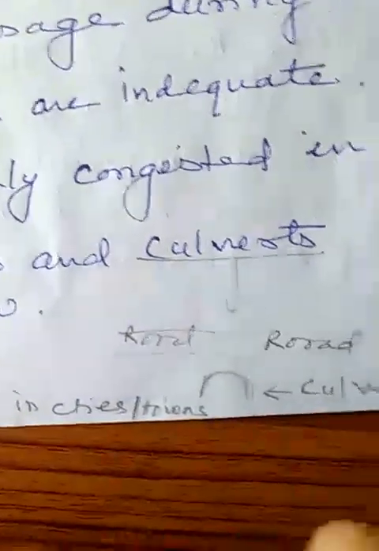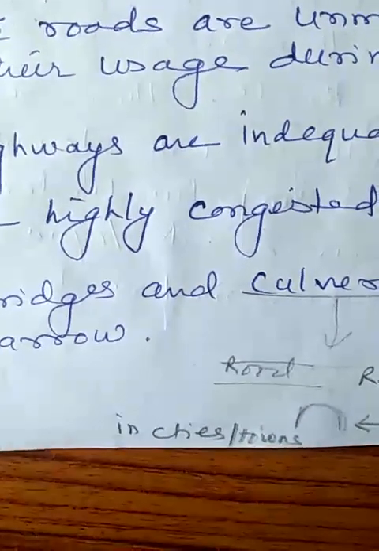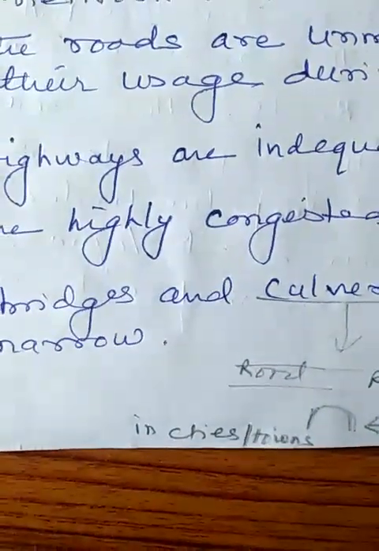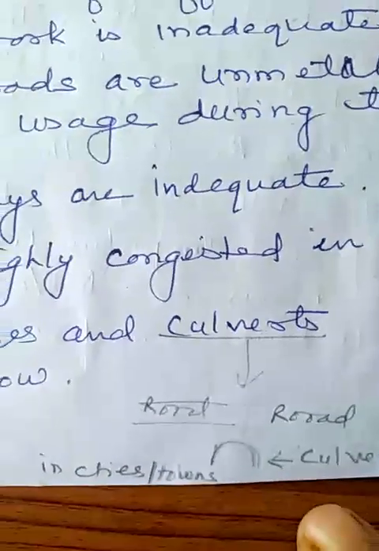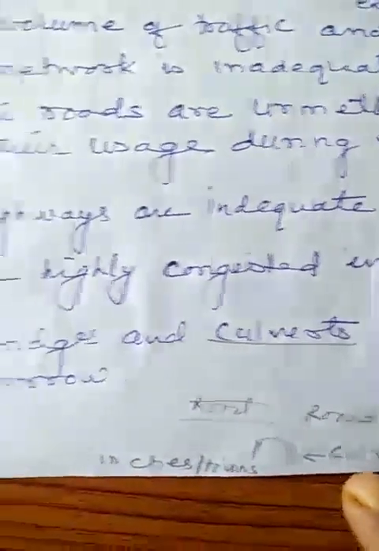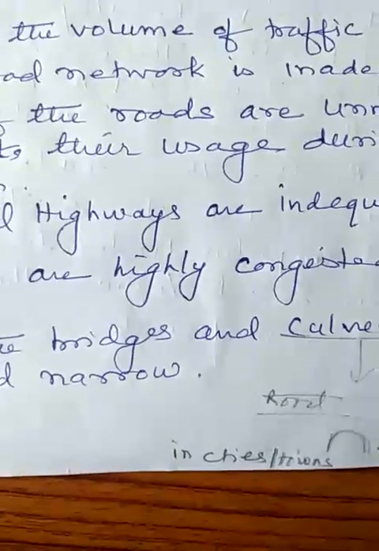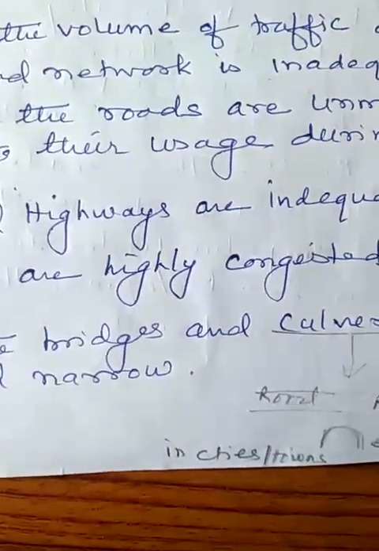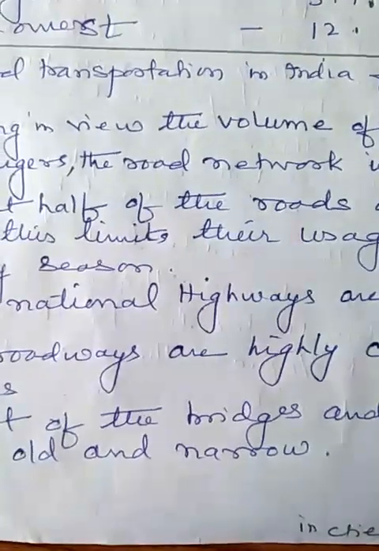The small bridges you see on canals or streams or smaller rivers are called culverts. They are mainly seen in the cities. These are also 100, 150 years old, and it is very risky to drive vehicles on them. So that is also a big challenge for our roadways.